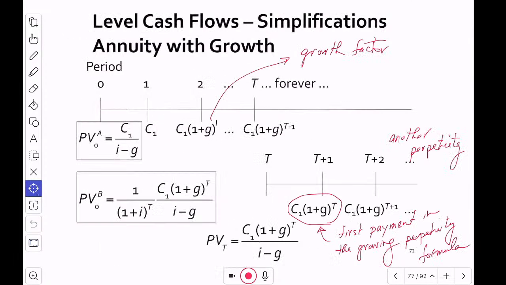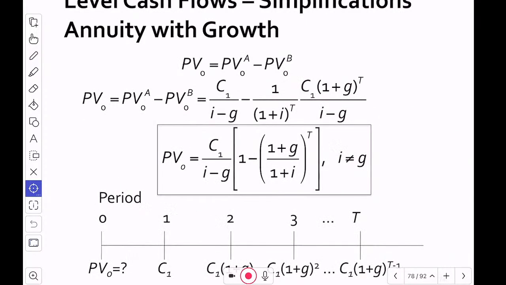All right, so what I do then is I take this amount, subtract off those amounts that are not going to be paid, and I create my formula. You can see the mathematics here.